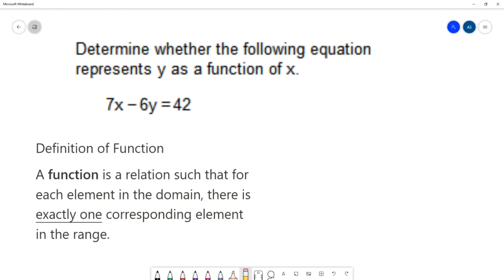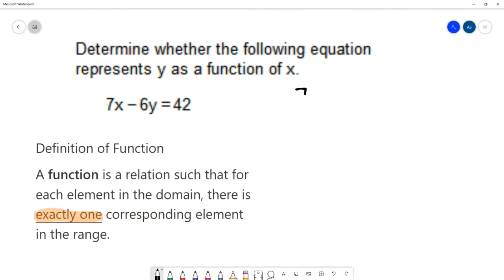So in order to decide whether this equation is a function or not, we need to see that there is exactly one y for every x. One way of getting started on making that decision is to rewrite the equation as y equals.